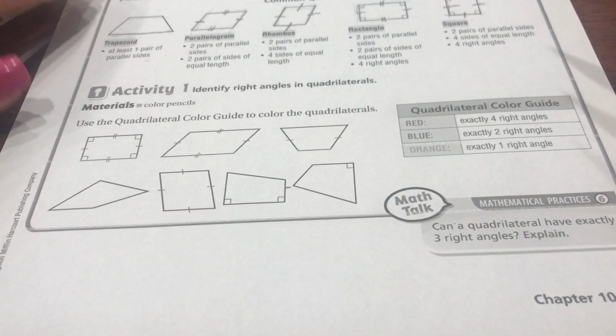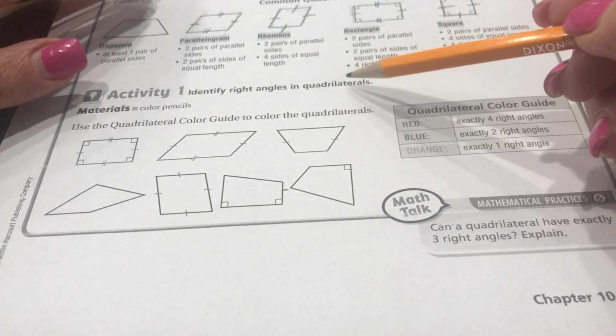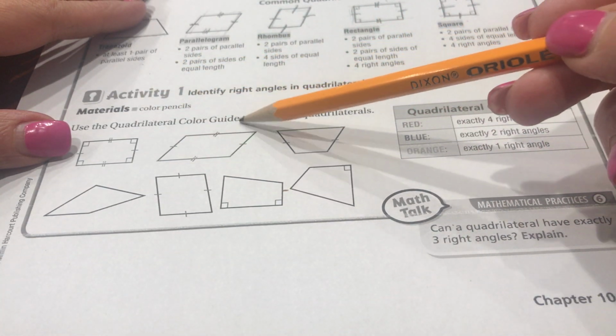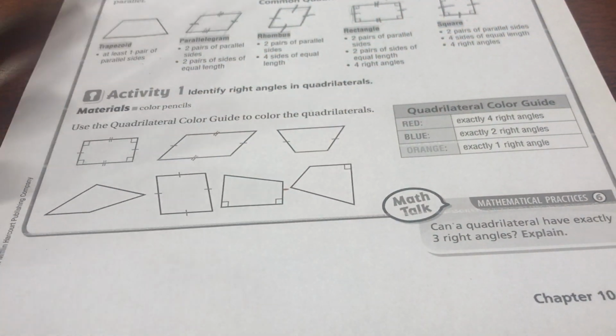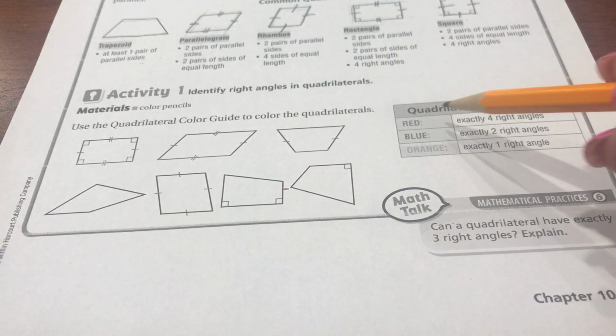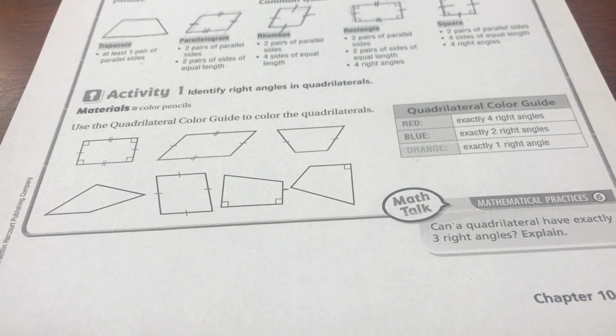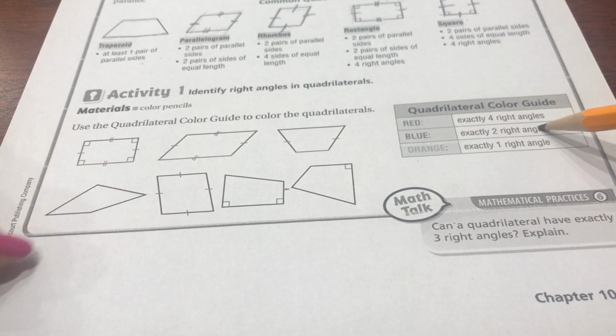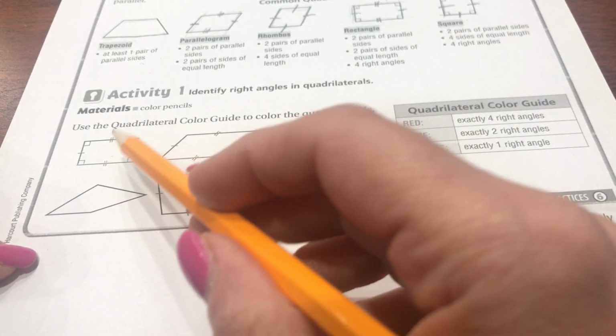Now, let's look down here. Activity 1, identify right angles in quadrilaterals. So use the quadrilateral color guide to color the quads. If you have colored pencils, that's great. I'm just going to put R, B, and O, just like we did the other day. So the ones that have exactly four right angles, well, we can certainly see this one does.